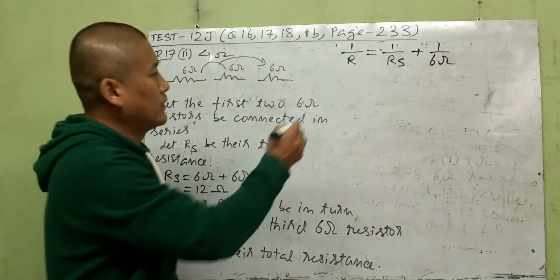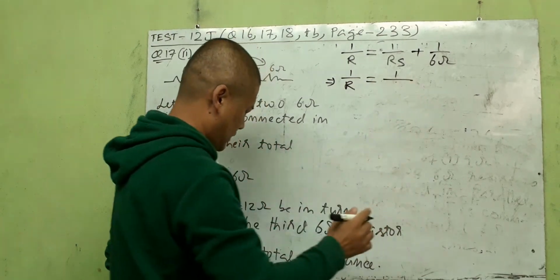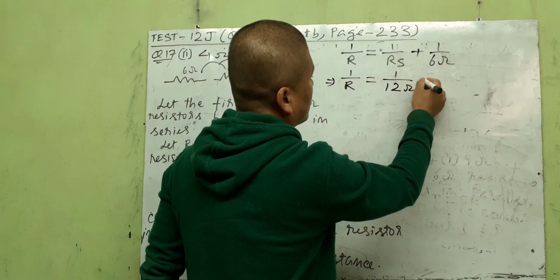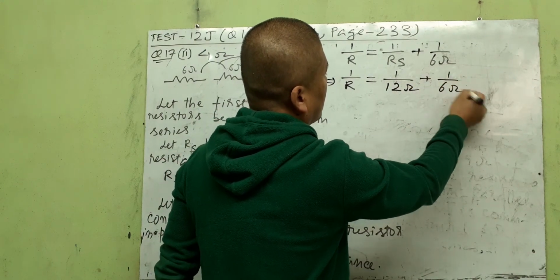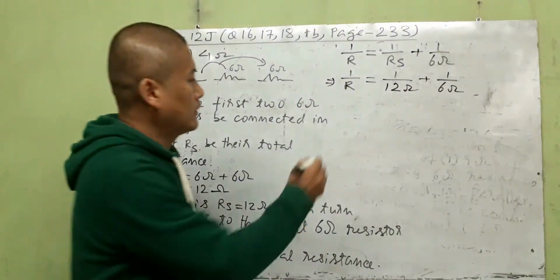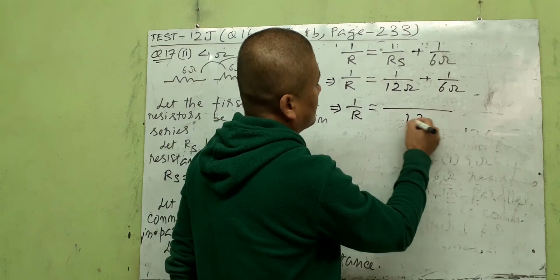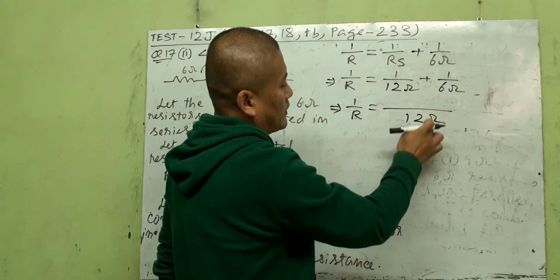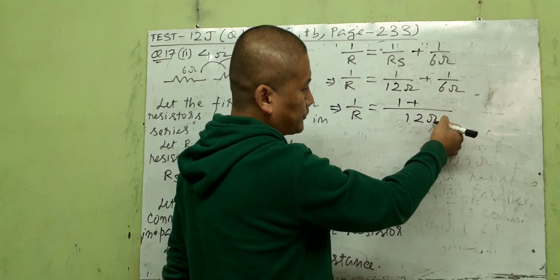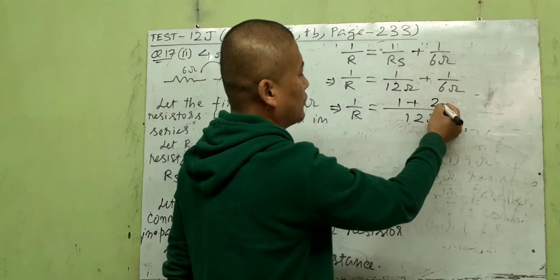Right, you're getting it. So that gives you 1 by R equal to 1 by RS. Just now we got 12 ohms, so replace it by 12 ohms, plus 1 by 6 ohms. So it gives you 1 by R equal to, LCM of 12 and 6 is 12 ohms. 12 ones are 12, 1 ones are 1. 6 twos are 12, so 2 ones are 2.